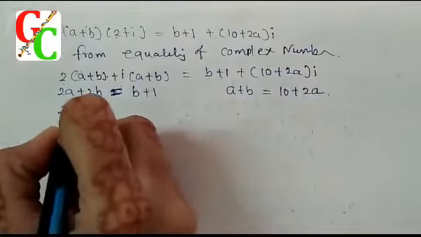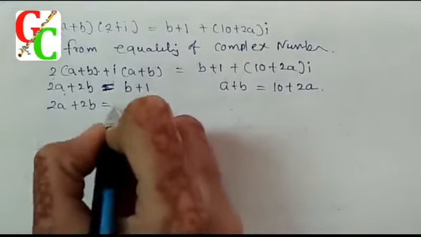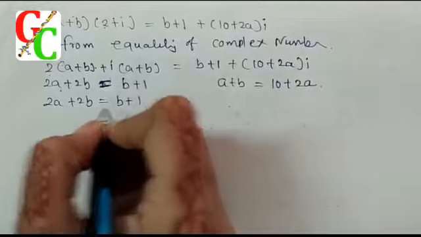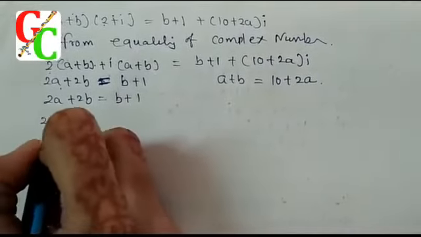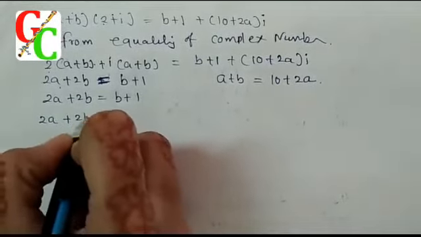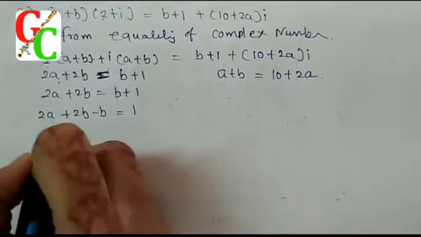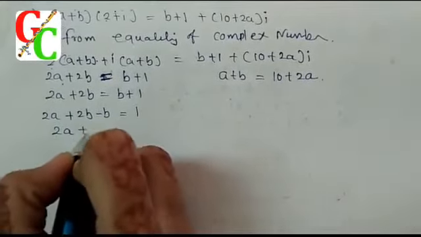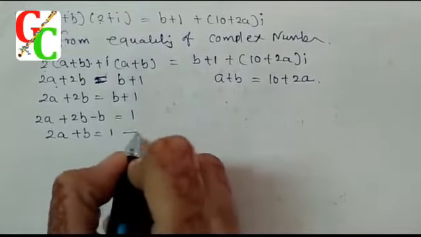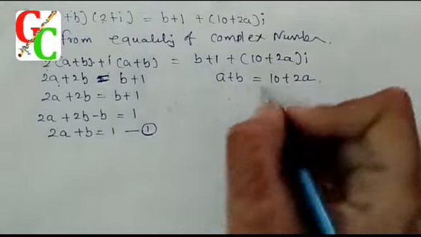So 2a plus 2b is equal to b plus 1. So 2a plus 2b minus b is equal to 1. So 2a plus b equals 1. This is our equation number 1.